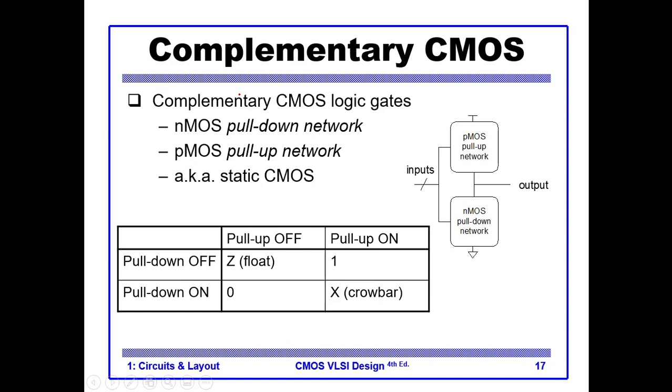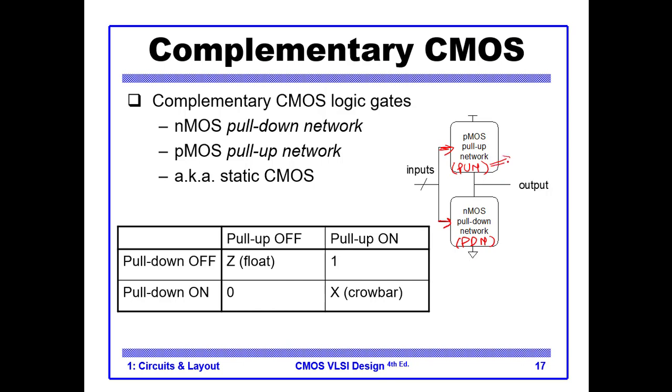So this is again the whole story, that we have inputs coming in and it goes both to the pull up network PUN and to the pull down network PDN.